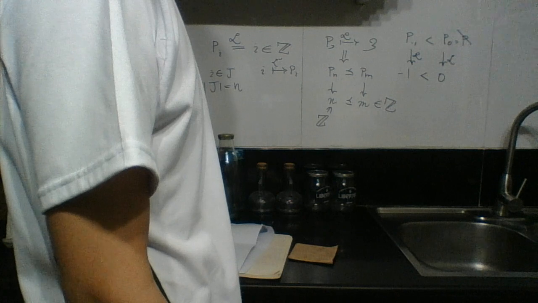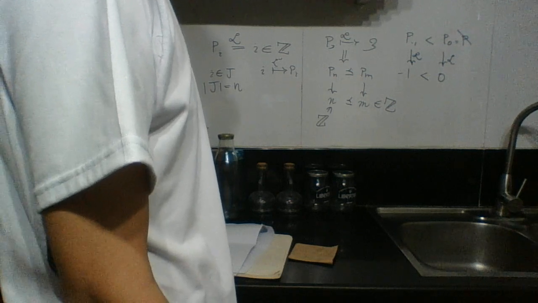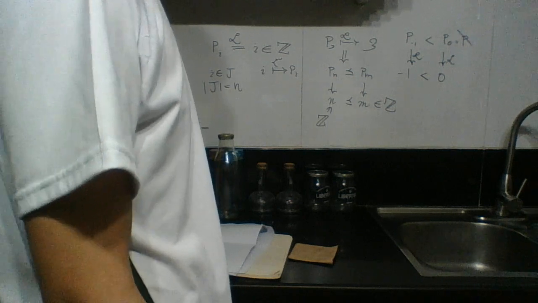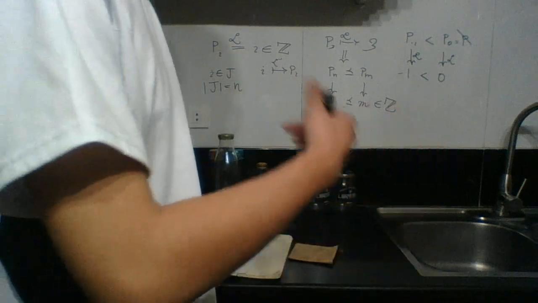It's simple. Because we constructed Z from N, we carry over some structure from N, and that includes comparability, because N is a totally ordered set, and because N is a totally ordered set, Z, which is constructed from it, must be also totally ordered.